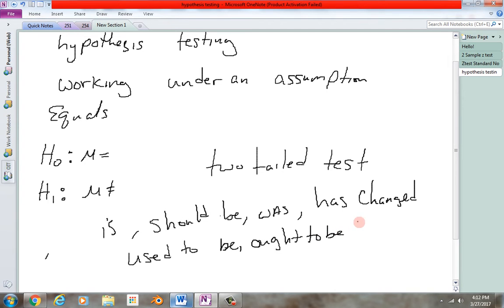Okay? The idea here is has it changed? Those are all kind of keywords for equals versus not equals. That's a two-tailed test.